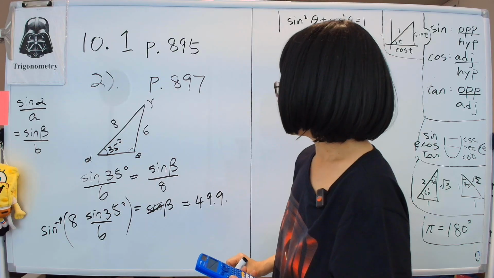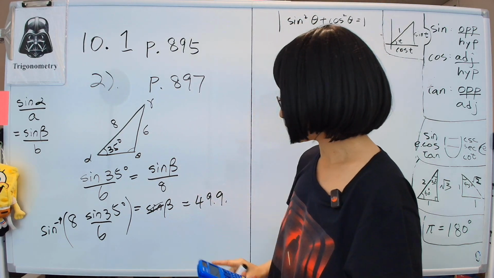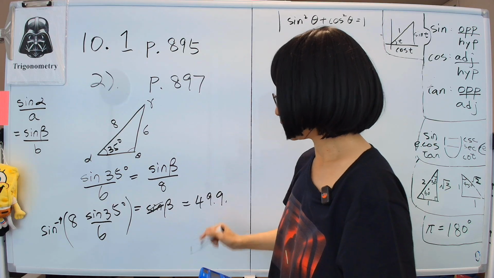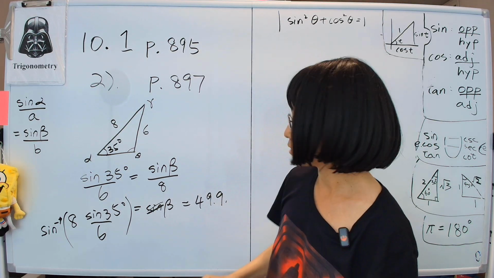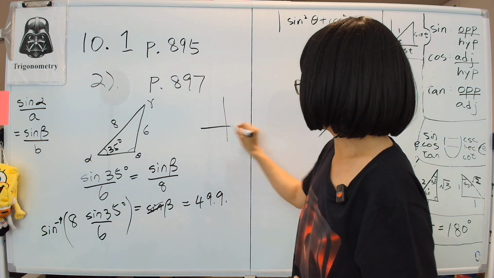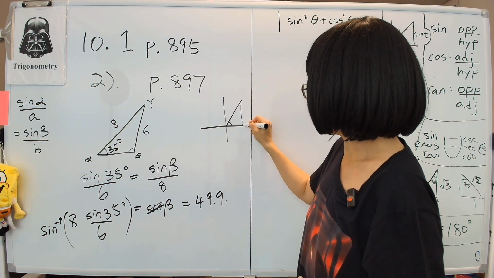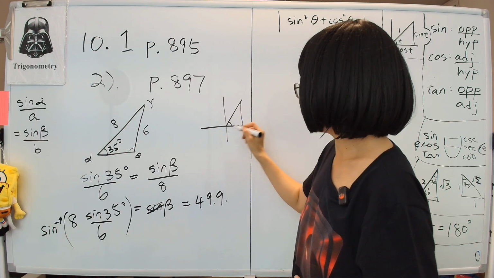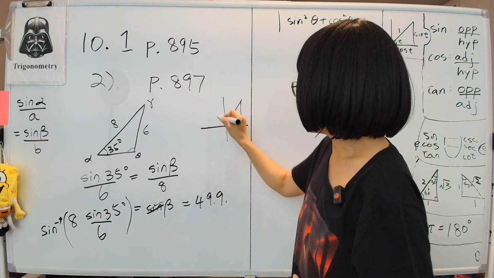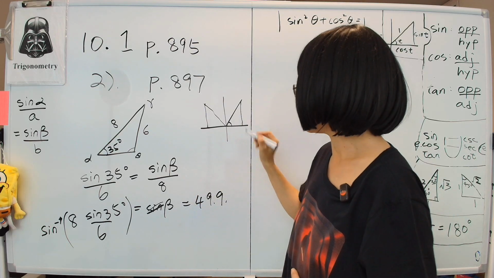However, that's only one possibility. The other possibility comes from the previous section. We learned that when sine of an angle equals something, there's another angle on the other side, that is 180 degrees minus this value.